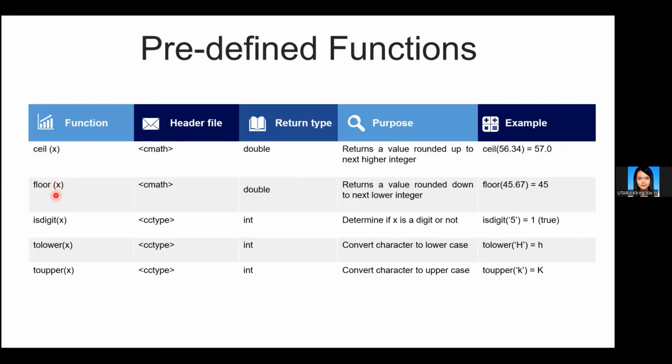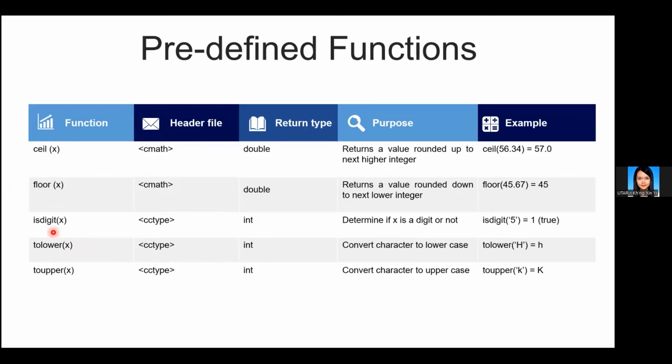Then after that, we move on to the isdigit function. isdigit, toupper and tolower are the three functions that are defined in the cctype header file, which means they are going to deal with characters, digits, and letters.